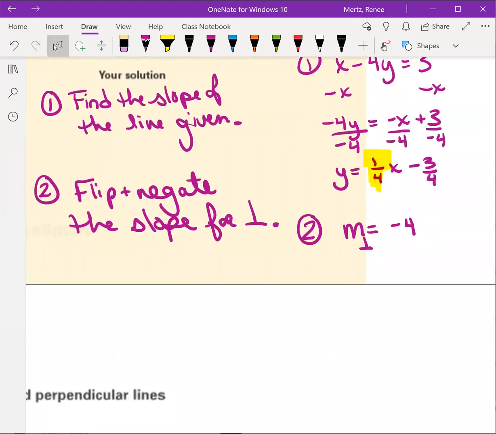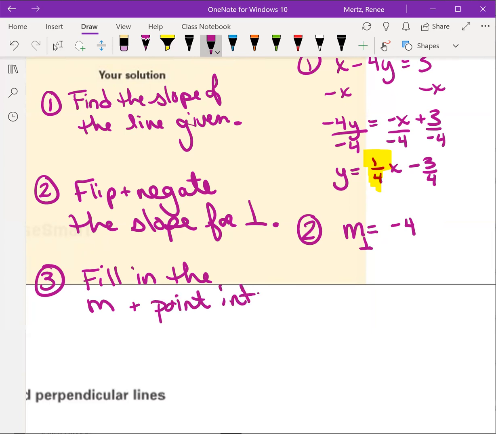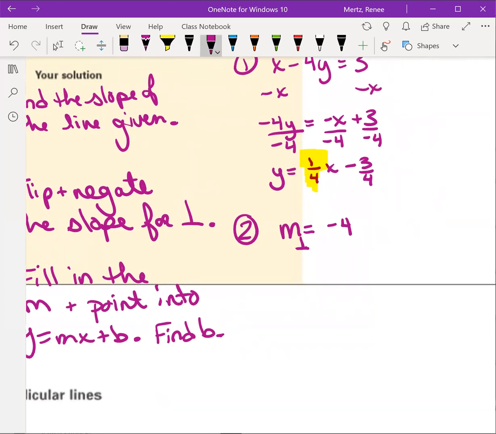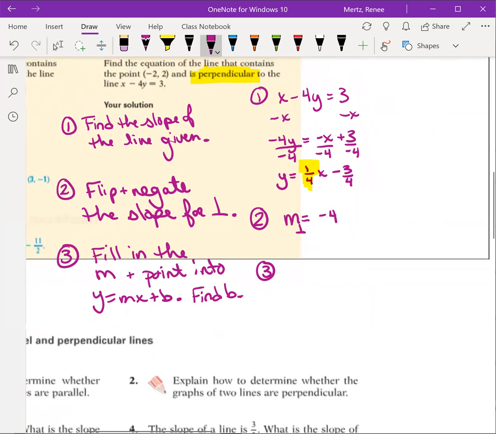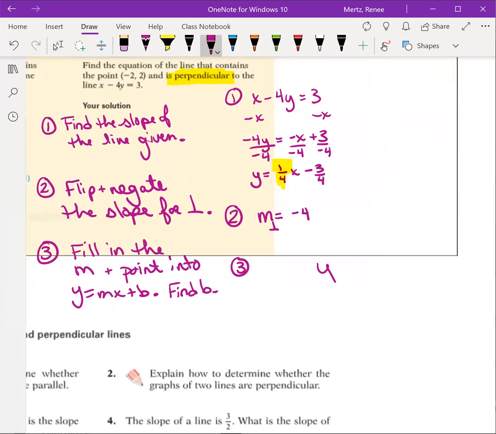Now we have a slope and a point. So now we're going back to what we knew before. We're going to fill in the slope and point into y equals mx plus b to find b. Just like all the other problems we've done, fill in m and the coordinate into y equals mx plus b, find b. So step 3, we write y equals mx plus b.